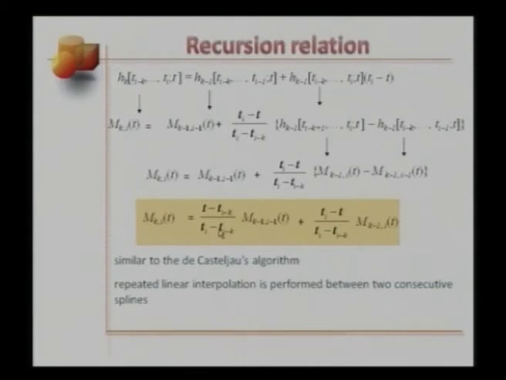This is like repeated linear interpolation between two consecutive splines. There is, however, a minor difference. In the de Casteljau algorithm, these weights were fixed for a given parameter value. However, here, depending on these knots t_i and t_{i-k}, these weights get changed. We'll see this later.